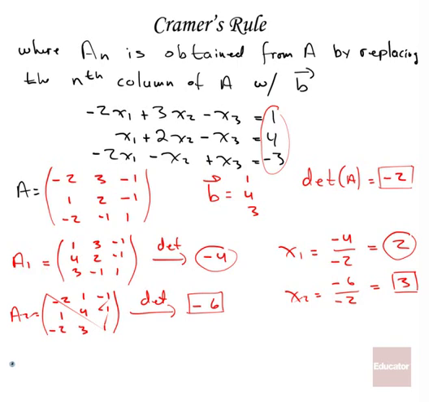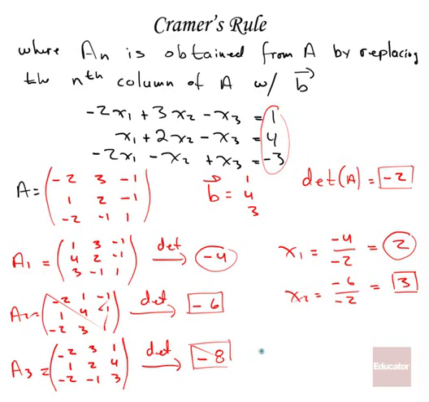And my final A3 has the third column replaced with 1, 4, 3. I subject that to the determinant function, and I end up with minus 8. Therefore, x3 is equal to minus 8 over minus 2. My final answer is 4.